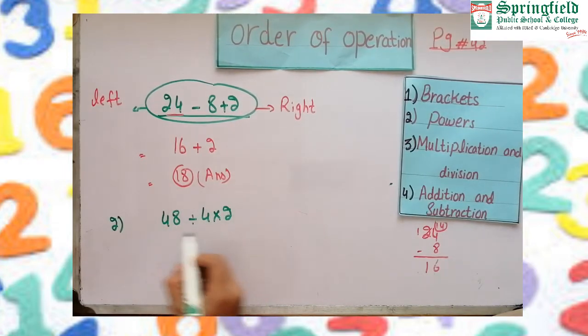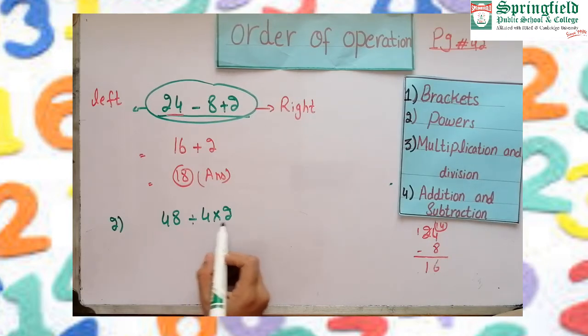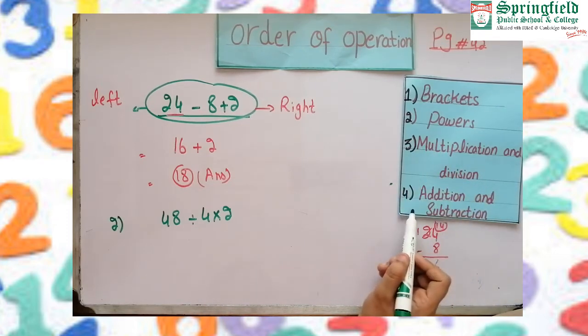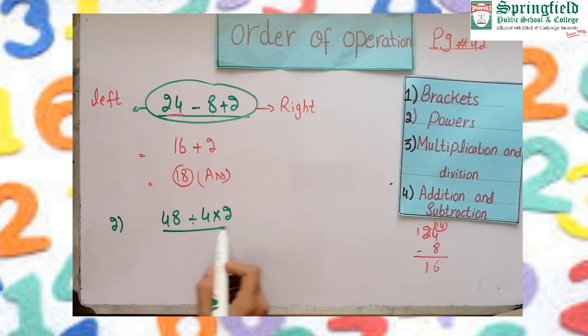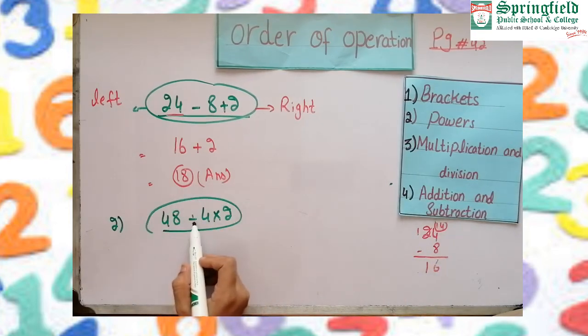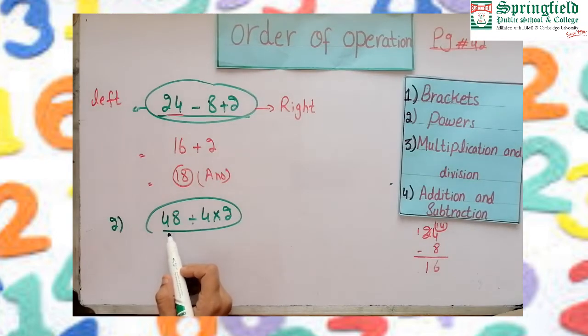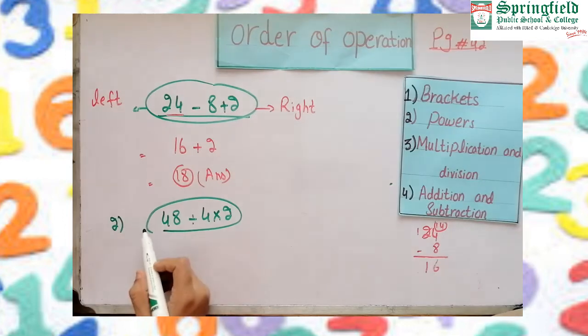What will be the answer of this expression? As we know, this expression has division and multiplication, which is the third step in the order of operation rules. So we will start from the left side.